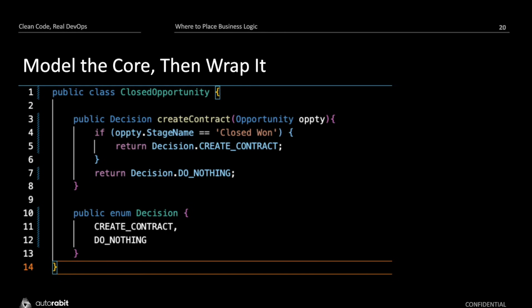Can we model the business logic in a way that is as close to the business requirement? We call that the core, which lives inside. And then we start wrapping it up with more infrastructure concerns.